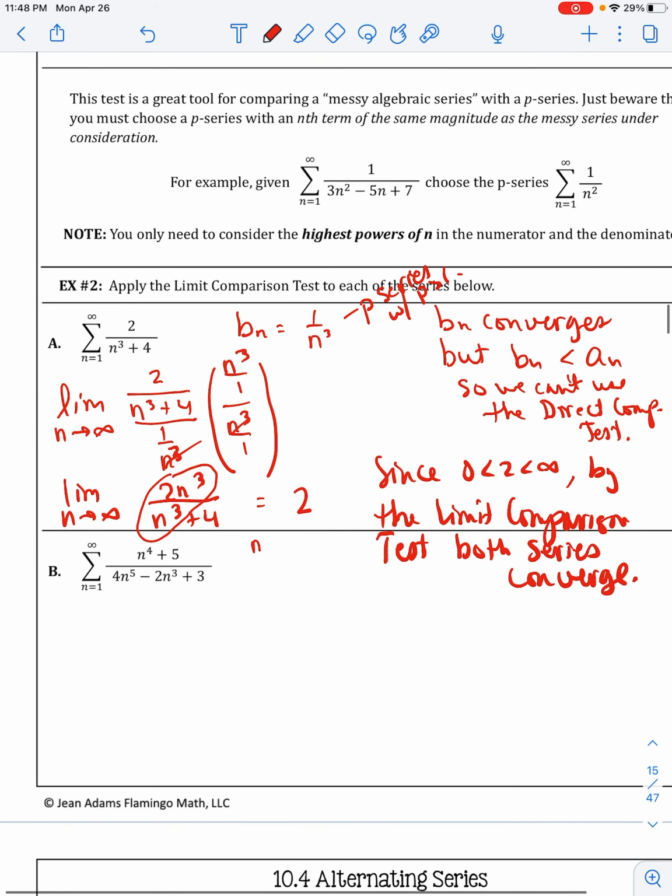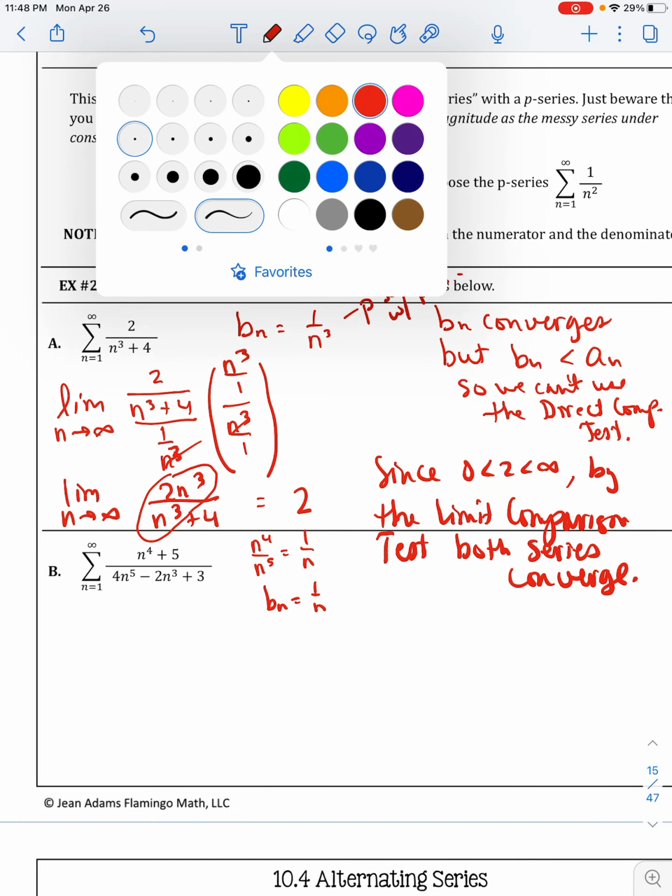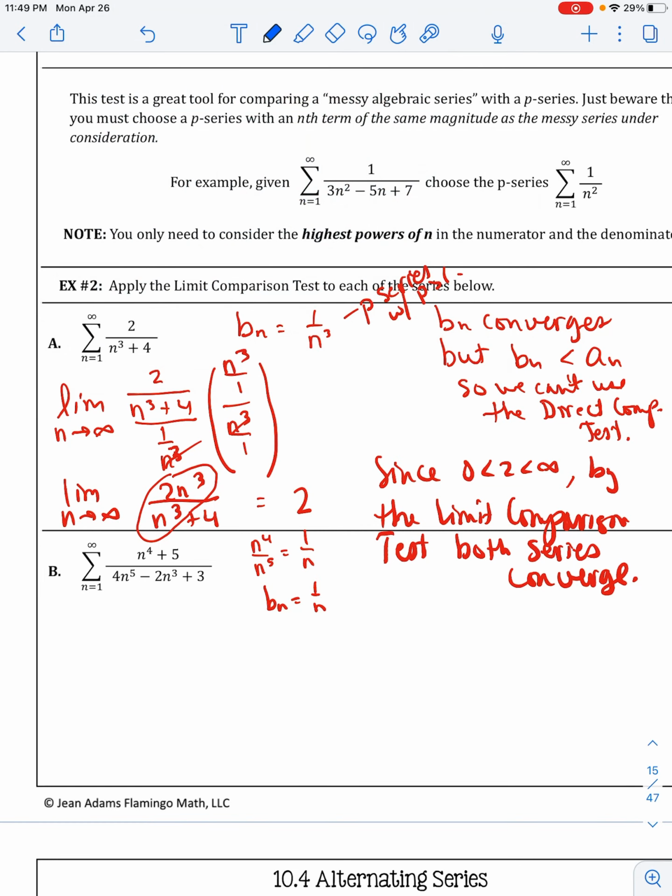Summation from n equals 1 to infinity of n to the 4th plus 5 over 4n to the 5th minus 2n to the 3rd plus 3. So we're going to take that n to the 4th divided by n to the 5th, and that's going to be our 1 over n, and that's what we want to make our b sub n. I'm going to change colors.